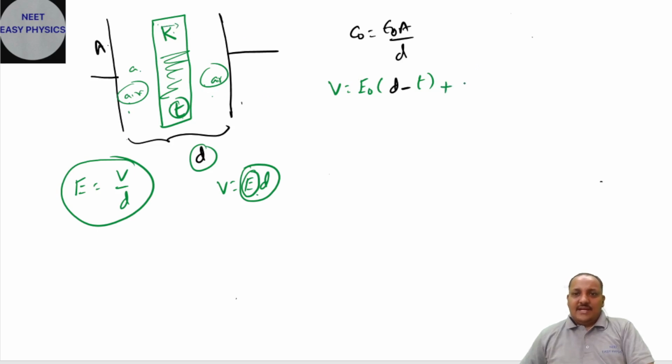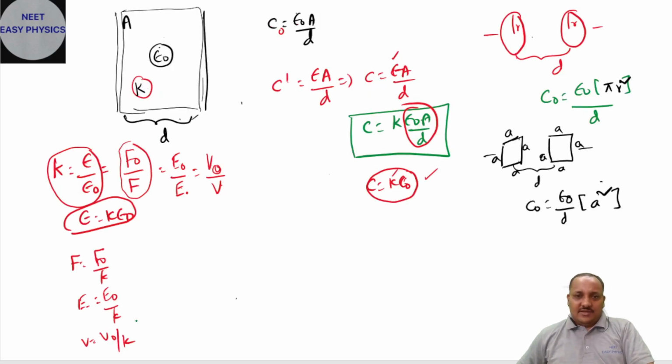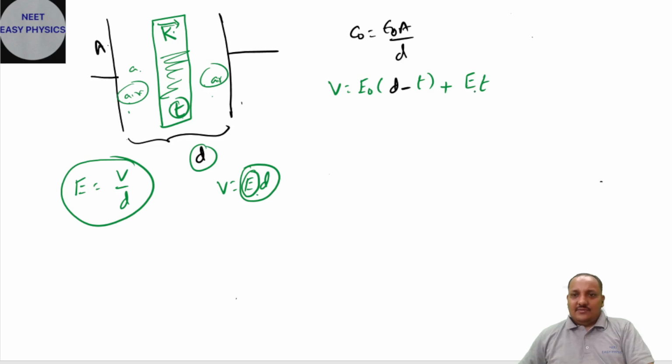What is E in the medium? We said E naught by K, into thickness t. Therefore, here you write E naught into d minus t plus E naught by K into t. If you are taking E naught common, it means d minus t plus t by K.